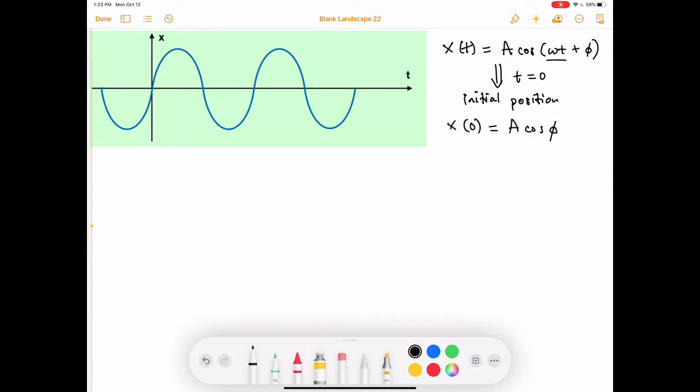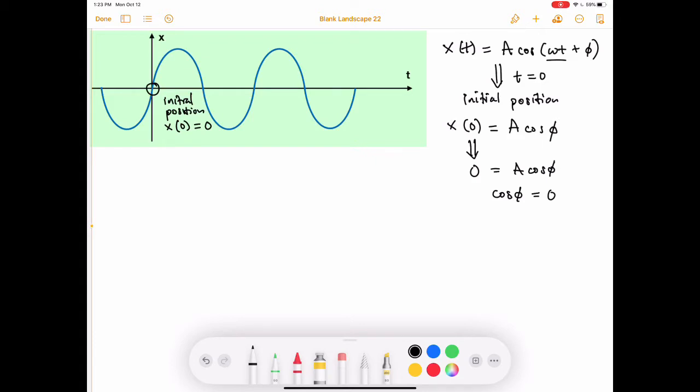And from the graph, we can read off the initial position. So x when t is equal to 0 is 0. So here we have, on the left side, 0 equals A cosine phi, which means cosine phi equals 0.